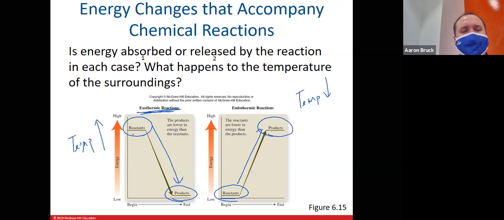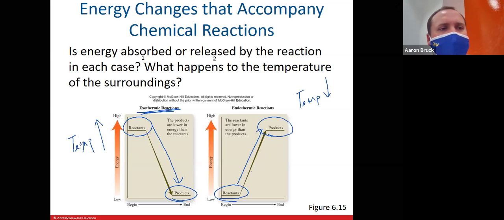Why are they decreasing in temperature? Because they're hotter than their surroundings, and so they will lose energy to the surroundings in order to drop down in temperature, to get back to where everything's even with their surroundings.